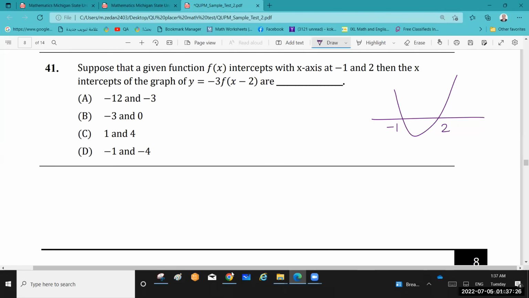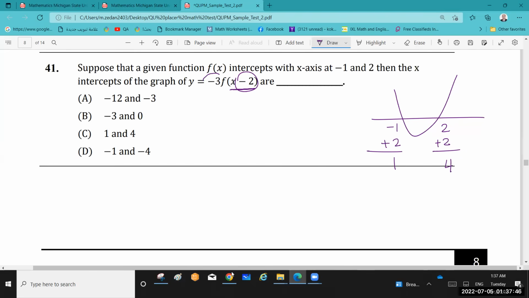Now consider any function like this intersecting at negative 1 and 2. First of all, the negative 2 is subtracted from x, so you will do the opposite. You will add 2 to each x value, opposite of what is written here. So the x-intercepts will be 1 and 4.